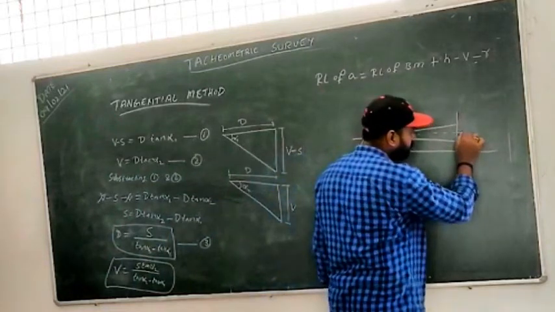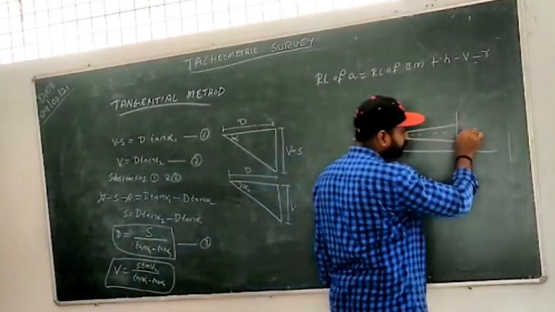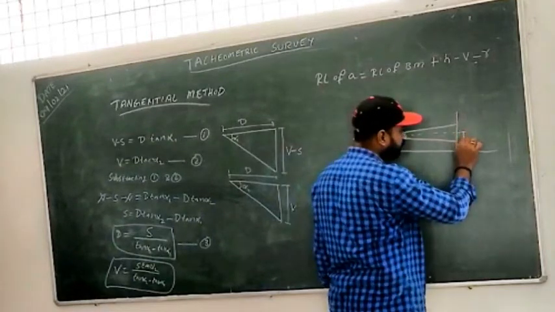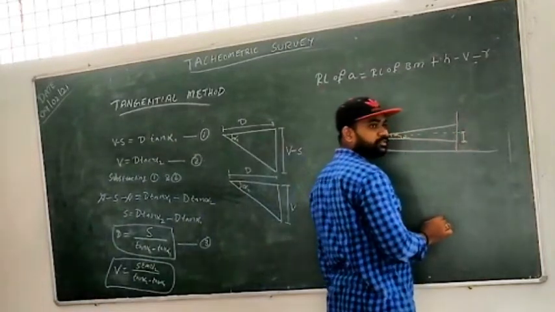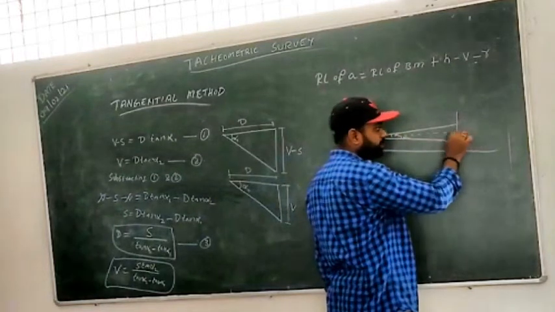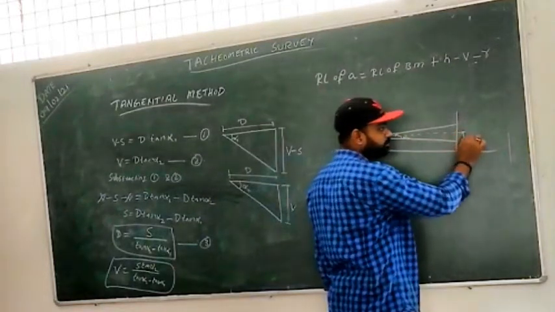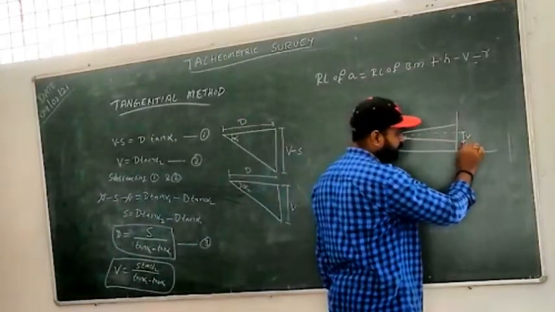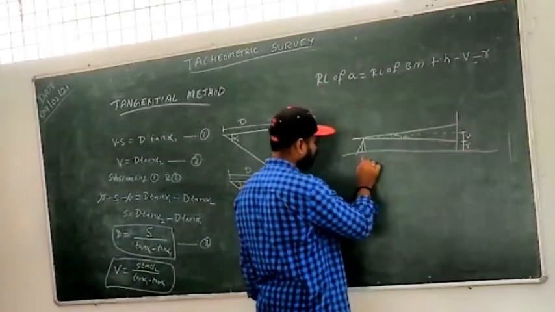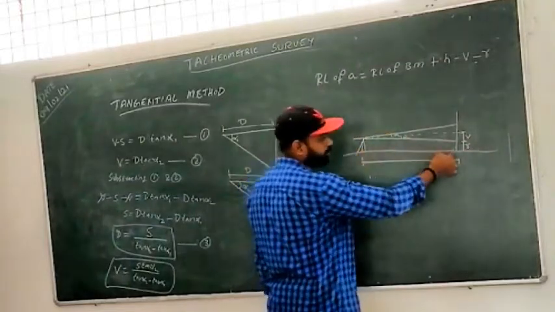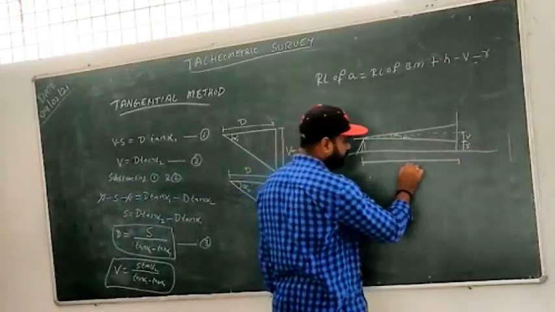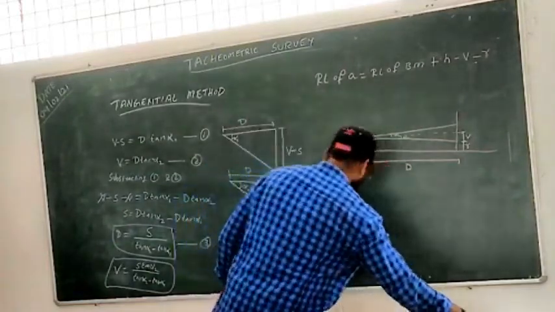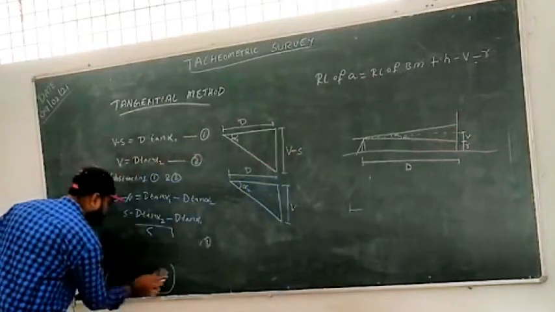Right? And from here to here, what will be the distance? This one, what are we going to say? R. From the horizontal axis to this bottom, V. And from here to here, R. And from the instrument point to the leveling staff, D. Okay, right?